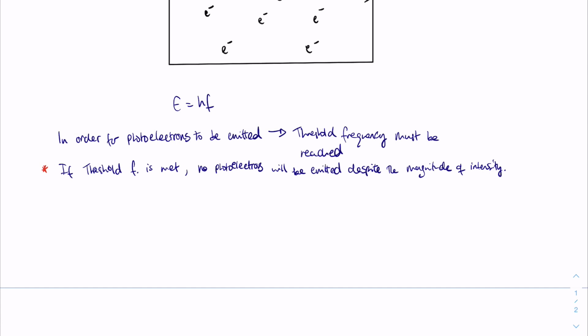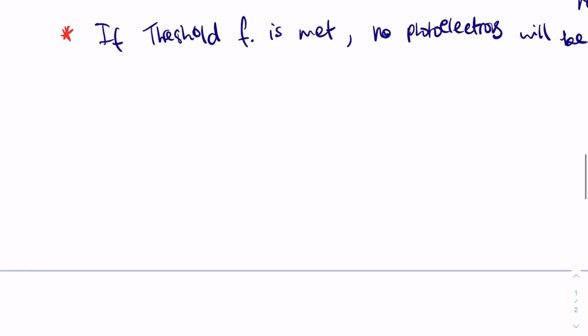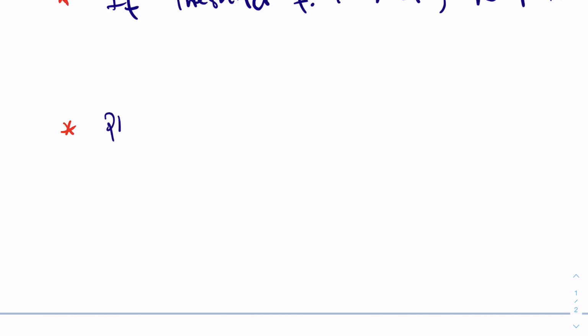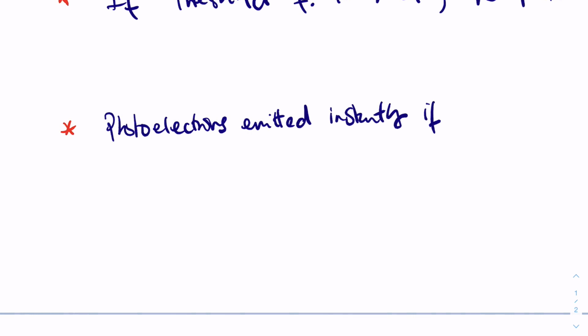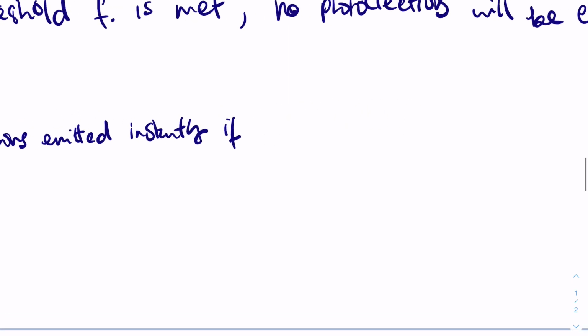And so there are a few more takeaway points from this, is that the electrons from the surface are emitted instantly. So I'll put photoelectrons instantly if threshold frequency met.